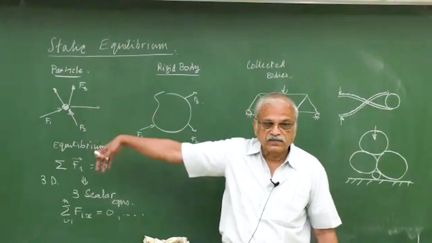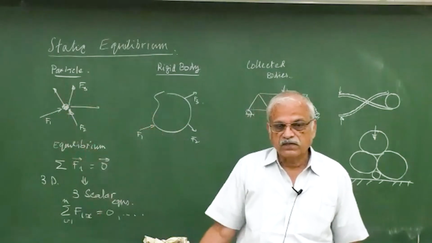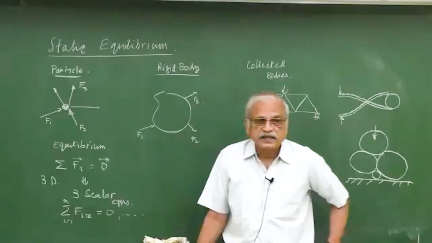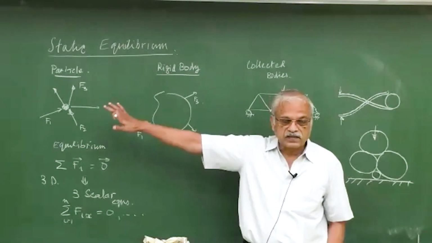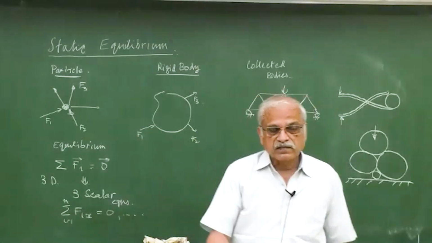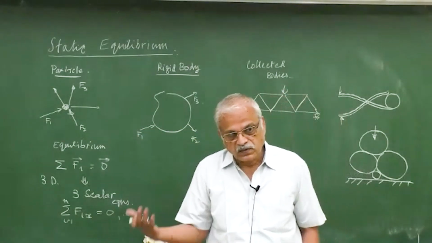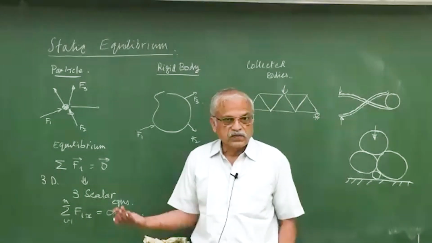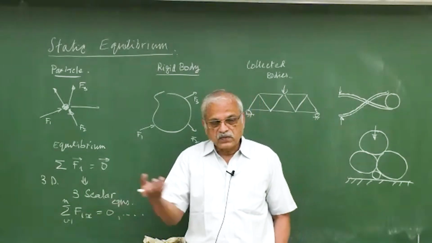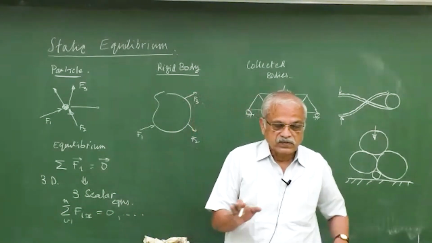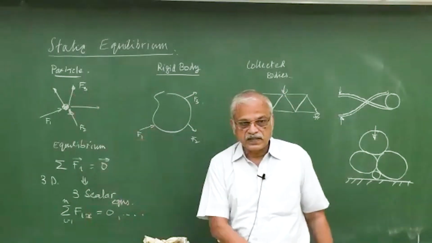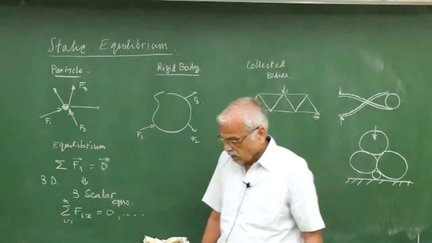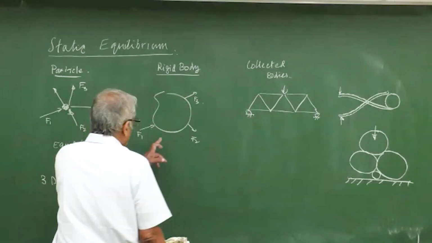If you have, say, 10 forces here, out of which you know 7, the other 3 can be solved. If you know the directions, you can find 3 magnitudes, or sometimes you know that there is a force acting, so you can even find out the magnitude and sometimes the directions also. So essentially, it is 3 equations, you can solve for 3, right? Like this, we can go ahead.